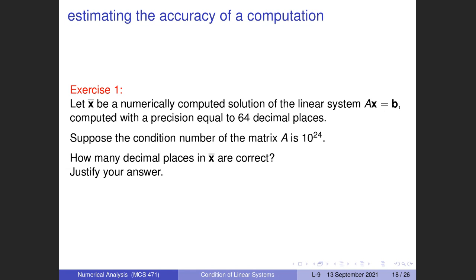And it's the same calculus again. You do the minus 64, the error on the coefficient matrix, times the condition number. The magnitude is 24. Minus 64 plus 24 is minus 40.